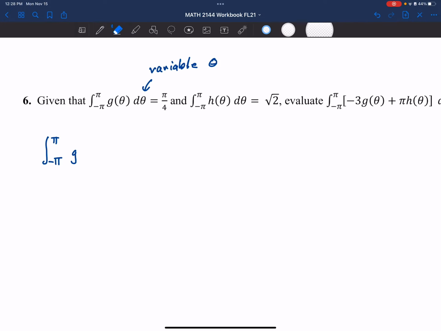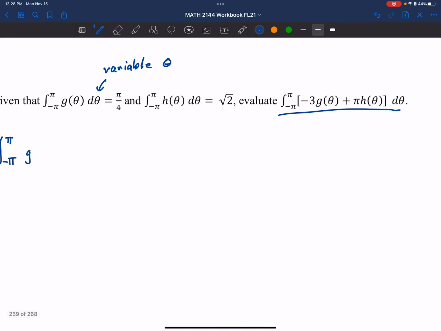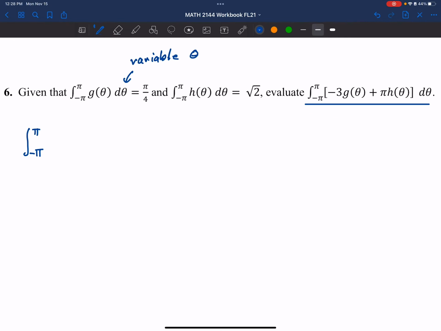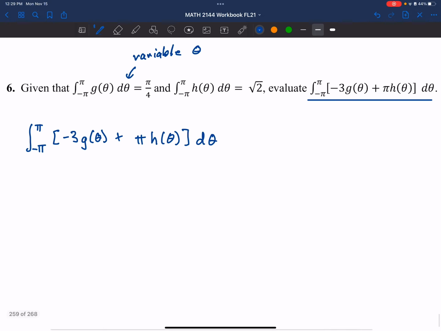Now, instead of writing that, I'm going to just write this over here. So this is what we're asked to find. Let me rewrite this down here before I start applying the rules. So we have negative 3 times g of theta plus pi times h of theta. And then the d theta is just telling us that our variable of integration is theta.